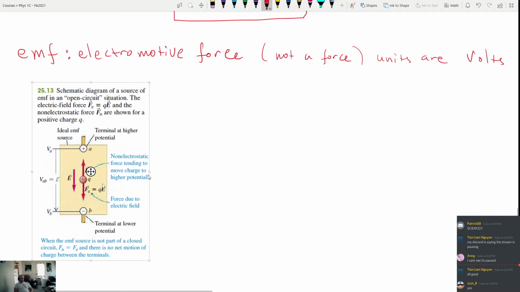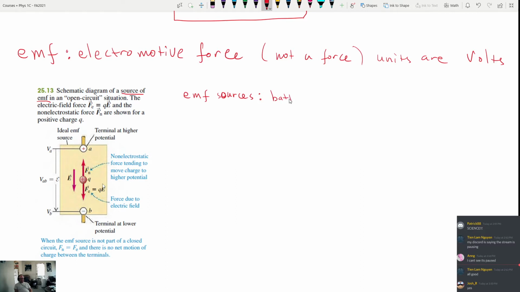So here's our picture of a source of EMF. A source of EMF is going to be something that can provide EMF, or provide electricity, really.